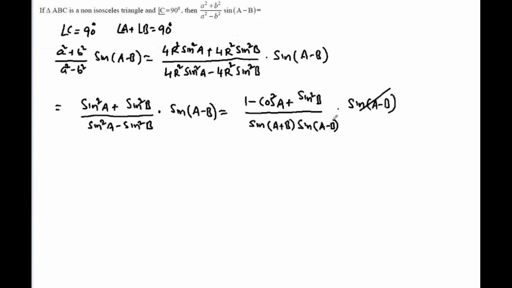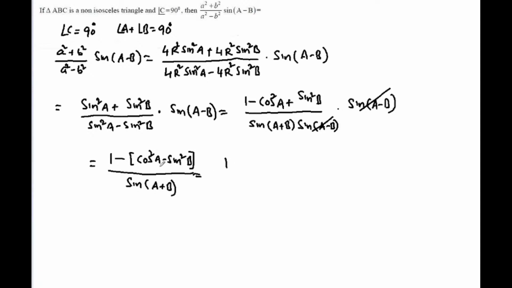Here sin(A − B) and sin(A − B) cancel. That is equal to 1 minus, taking the minus, (cos²A − sin²B) by sin(A + B).